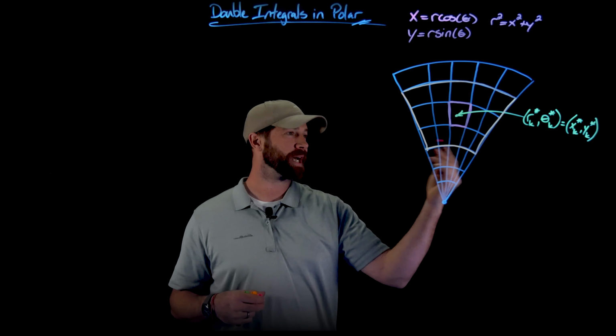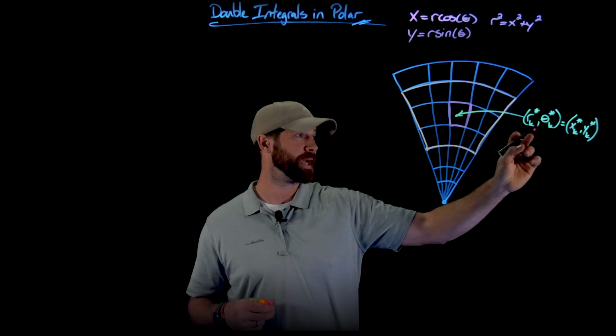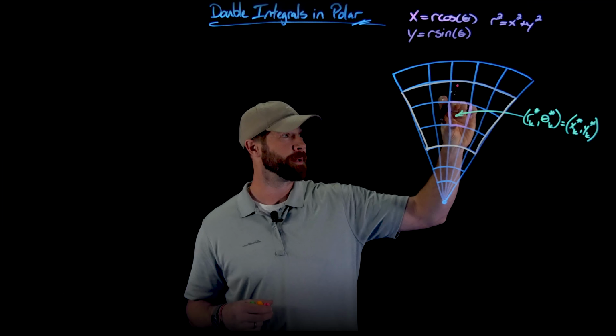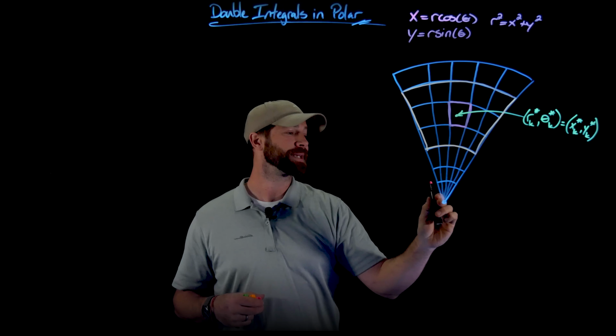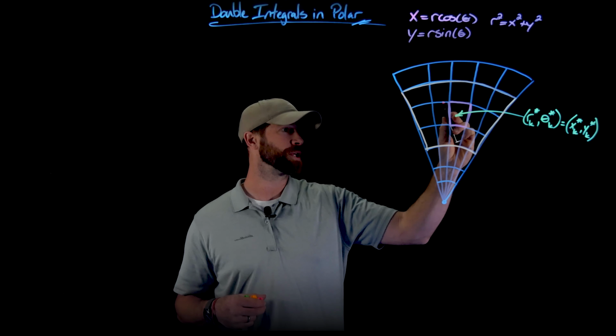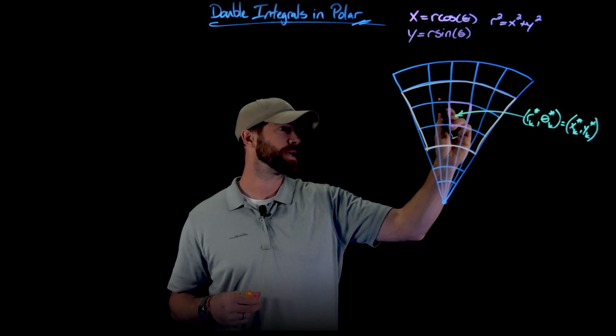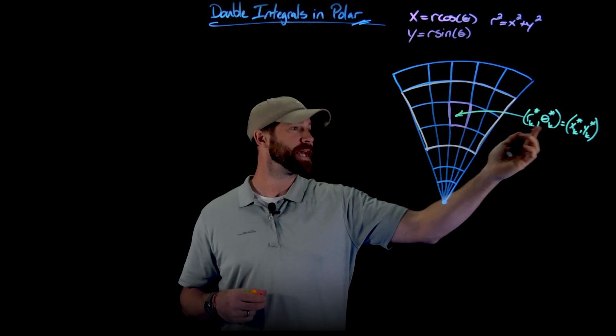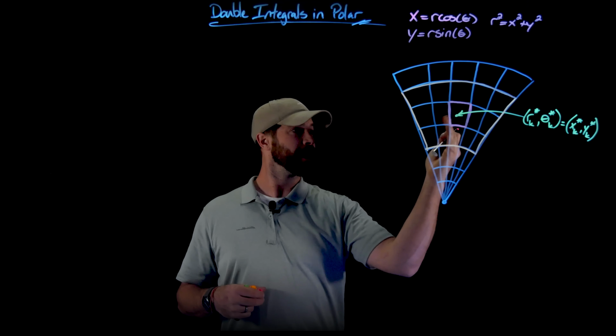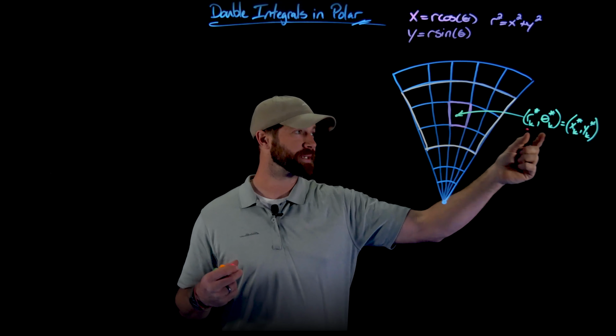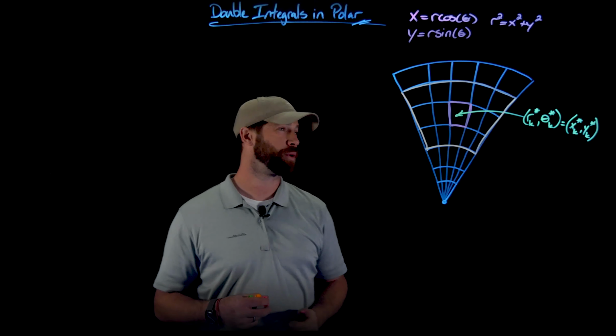And importantly, the r sub k right here, the sample point in this little section right here, is the length from the pole or the origin to here. So that whole length right there is the r sub k, and the theta k is the angle that makes that point happen right there. So that's how we're going to look at describing that point.